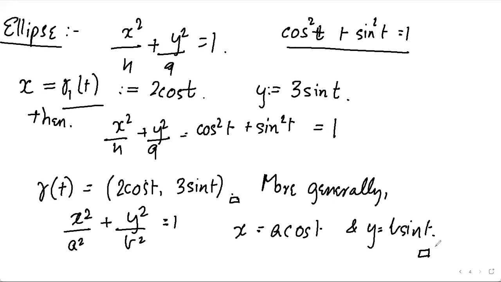Now after doing some examples for finding the parametric equations, maybe we should do some examples where we are given a parametric equation and we have to find the Cartesian equation.